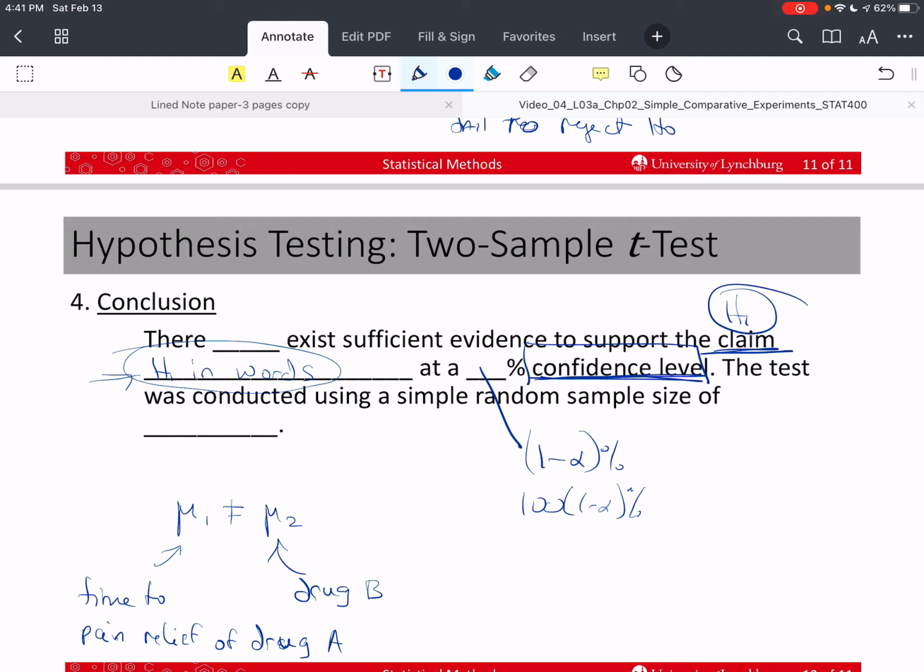Because if you mess with the wording, you may say something that is no longer true. And if you say something that is no longer true, technically speaking, then points will be deducted. Okay? So statistics has nuances, and we've written this statement in such a way that the nuances are taken care of, so you don't misstate it.